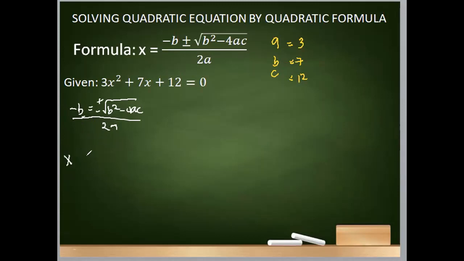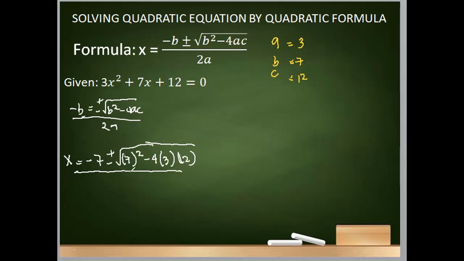So x is equal to negative 7, positive and negative square root of b, which is 7, squared minus 4 times 3 times 12. Okay? All over 2 times 3. Okay, so now let's simplify these equations.